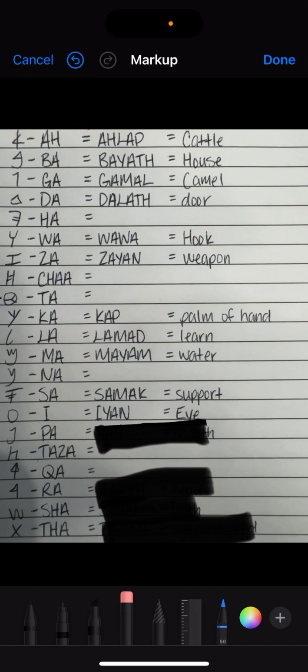And we have pa, which derives from the word pa in Hebrew, and that means mouth. We're going to skip taza and kwa, and go to ra, which derives from the word ra'ash, which means head.